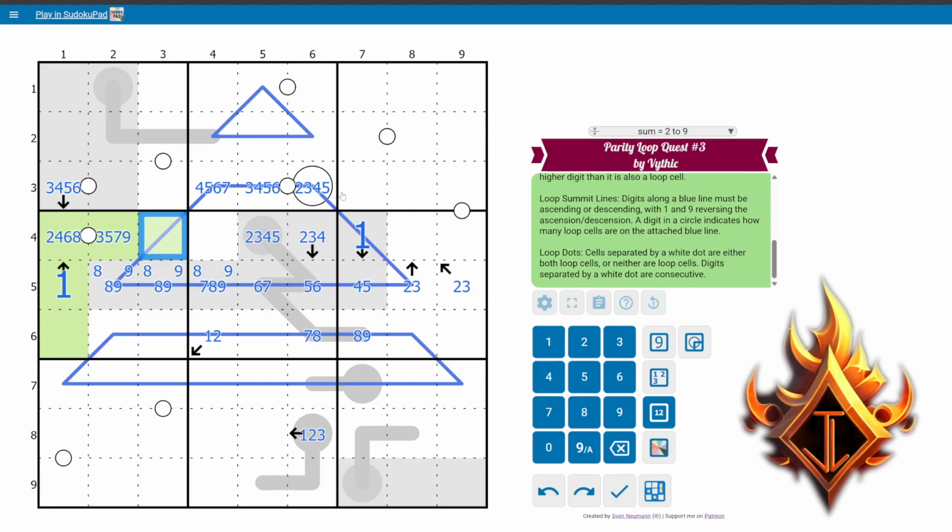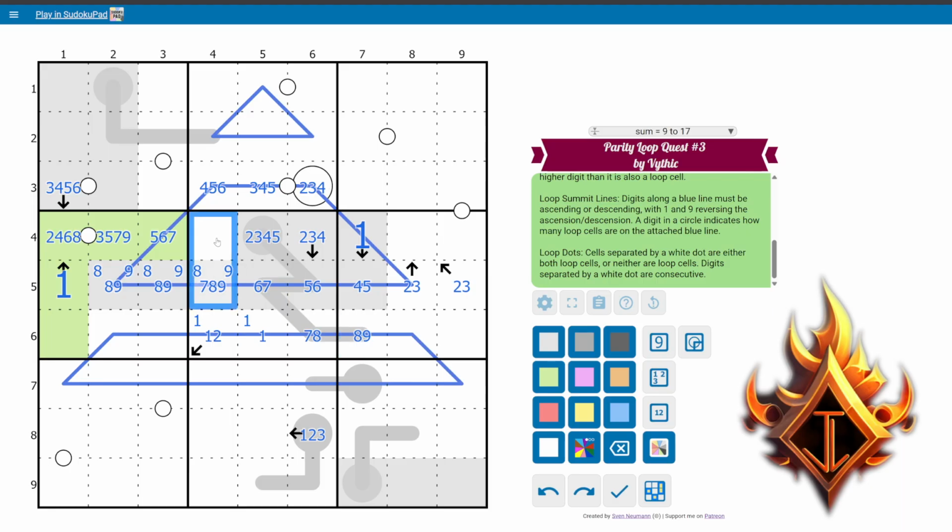So this is just 5, 6, 7. So 7 comes out of there, 6 comes out of there, 5 comes out of there. We have 2, 3, 4, 3, 4, 5. There is a 1 in there. I can't forget this 8, 9 is in one of those.